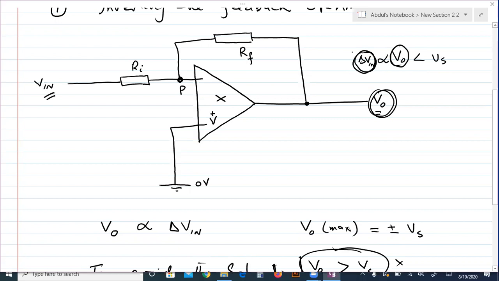So it's very important. Input voltage difference of the two terminals must be small to avoid the saturation.